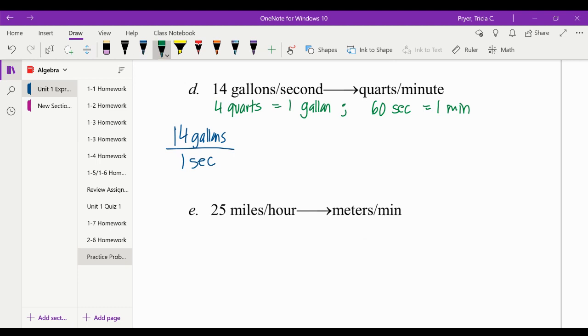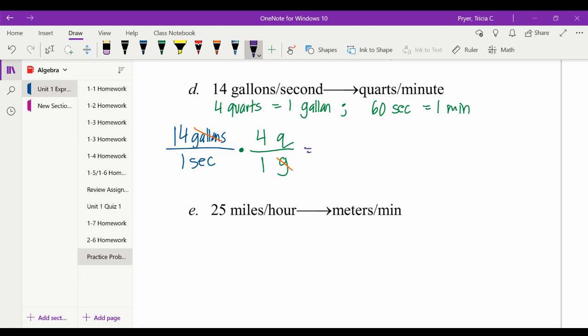So I'm going to multiply by my conversion factor that allows me to do that. I want gallons on the bottom so that these can cancel out. And I want quarts on the top so that I'm left with quarts. Okay, so I have 4 quarts per 1 gallon.